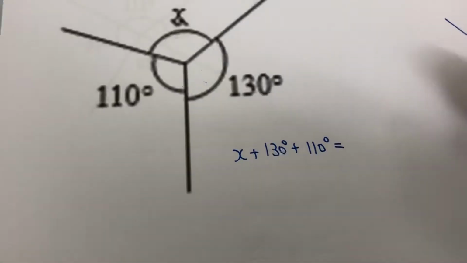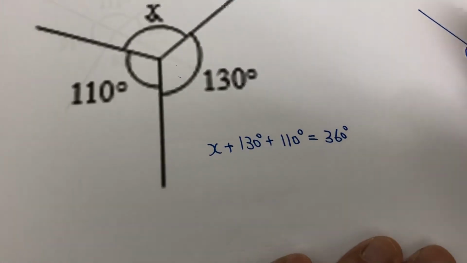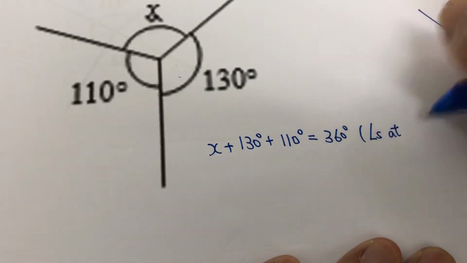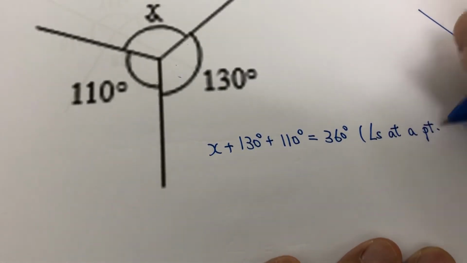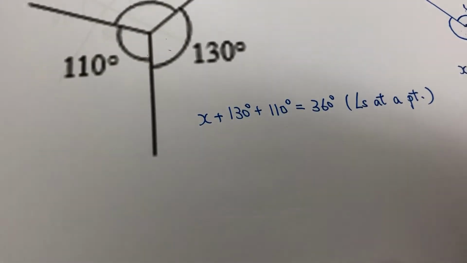The result is 360. And don't forget to write down the reason, because not everyone understands this. We call this angles at a point. Okay? Angles at a point.